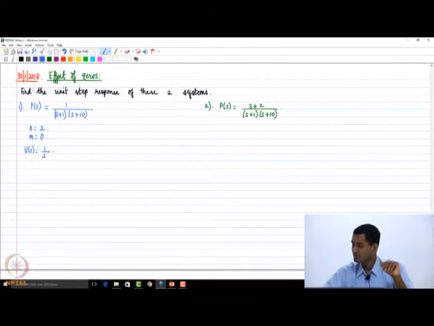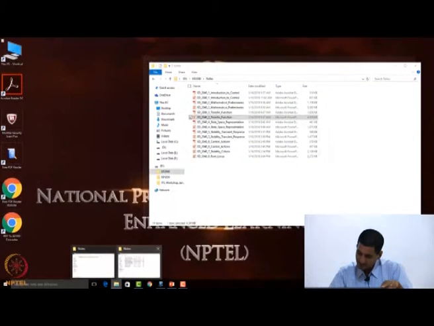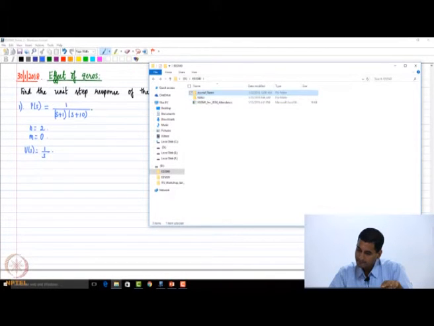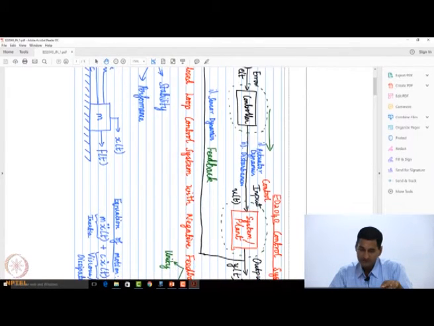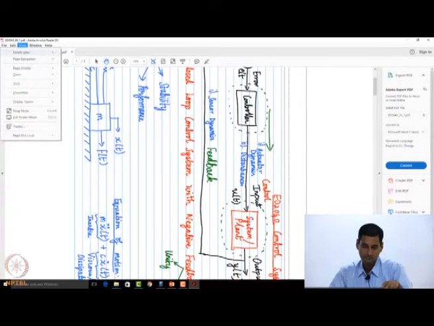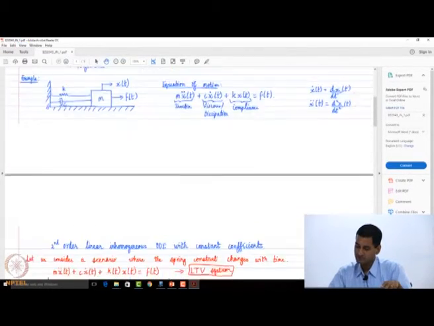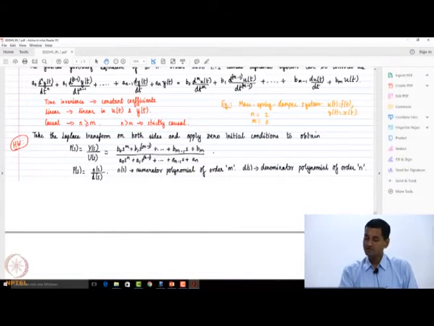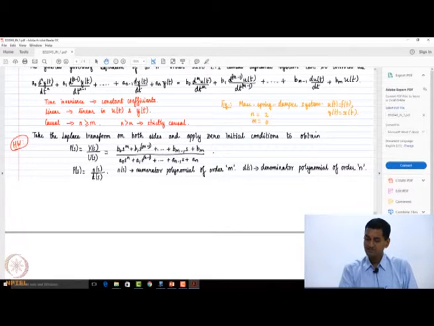If you recall what we did sometime last week, let me go back and look at this equation: a naught d^n y by dt^n plus a_1 d^(n-1) y(t) by dt^(n-1), and so on.